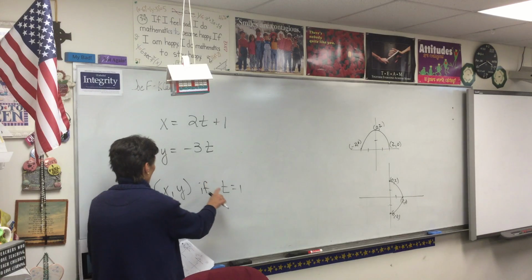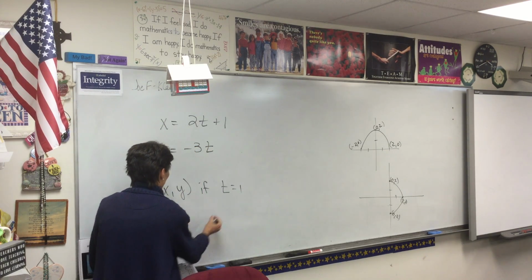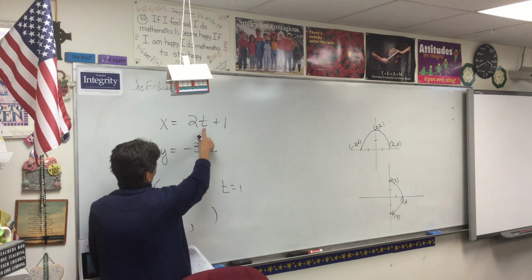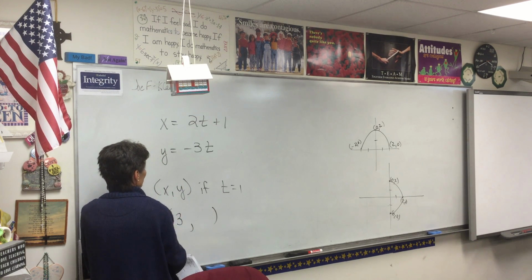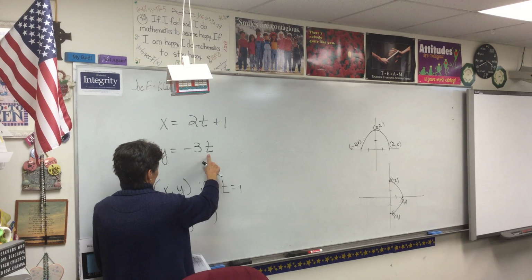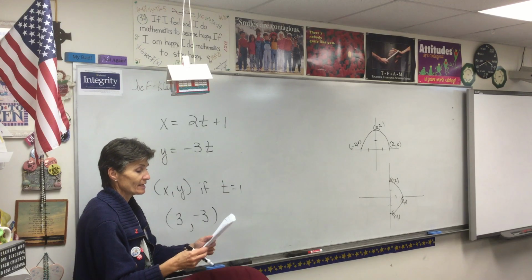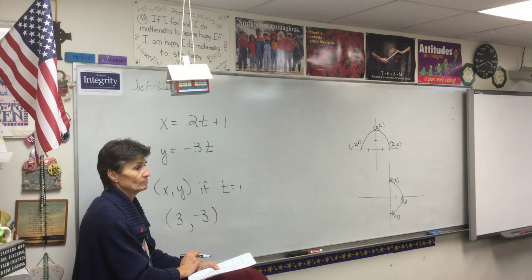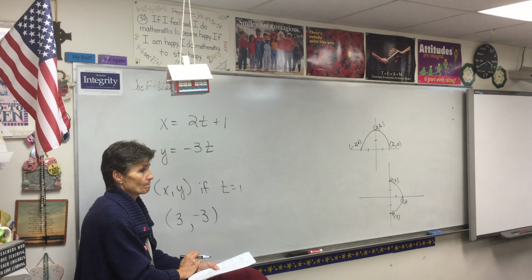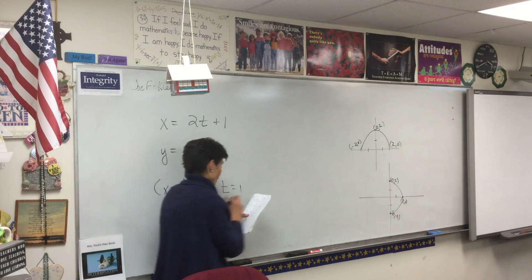We plug 1 in. So what will be my x value if I plug in 1? 3. What will be my y value? There we go. There is the answer to the question. It is that simple. So let's look at the second one.